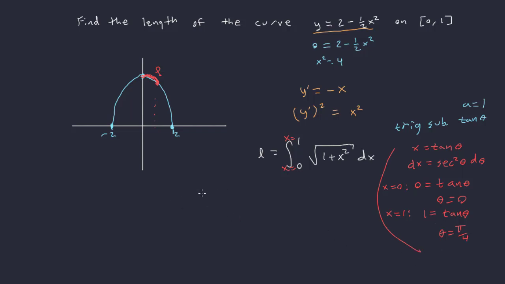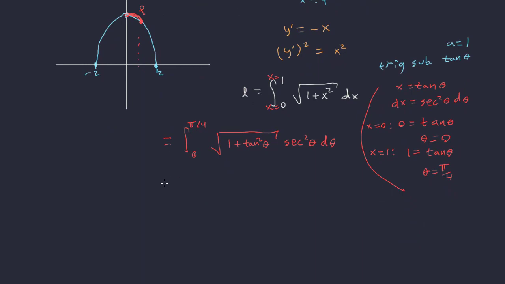Okay, so we'll set up our new integral now. It'll be the integral from 0 to pi over 4 of the square root of 1 plus tangent squared theta times secant squared theta d theta.